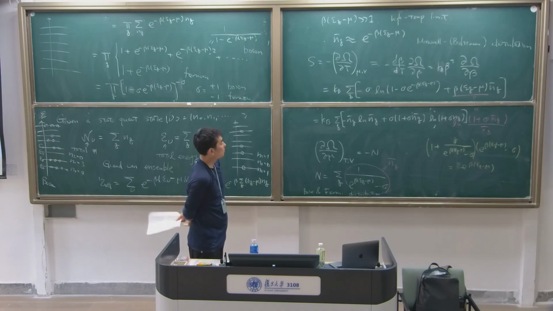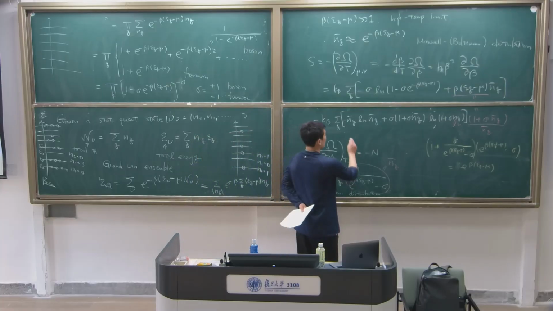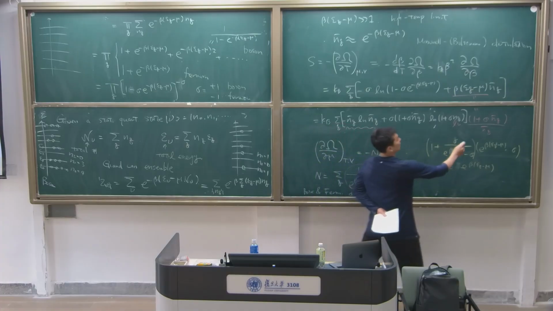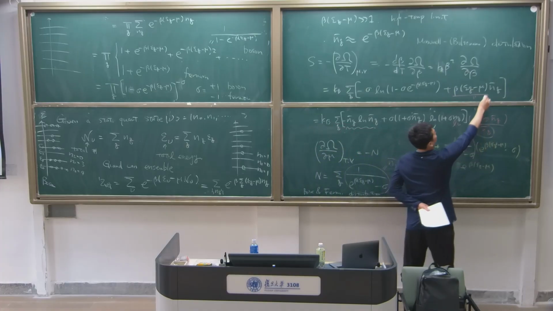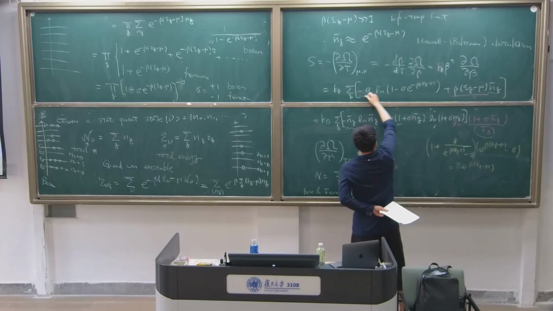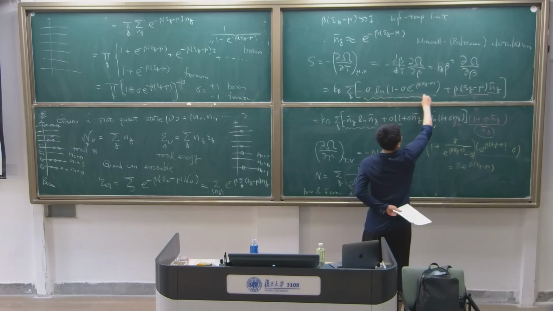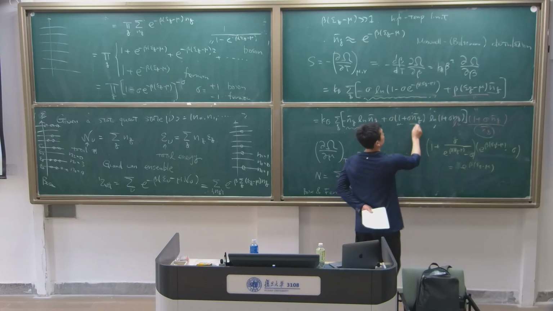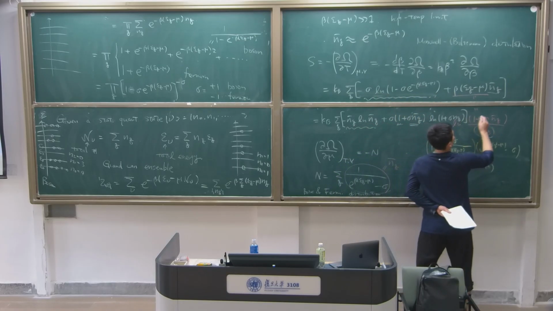Any questions at the moment? Yes, everything is okay. This term comes from here times this one, and this term comes from here, and then this term comes from this one.